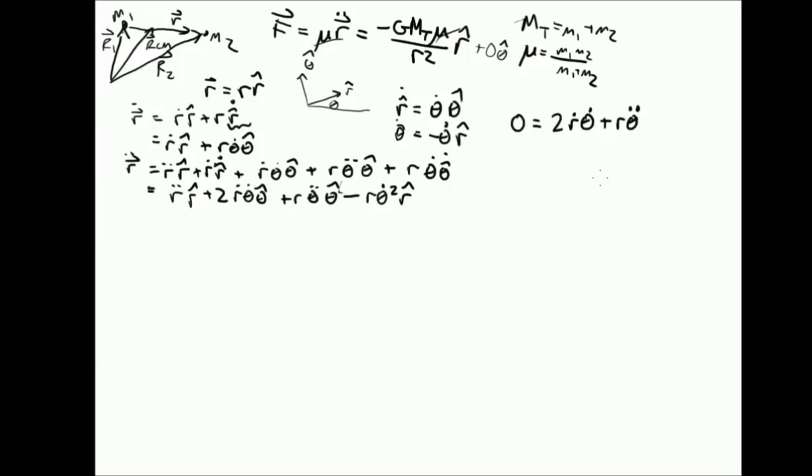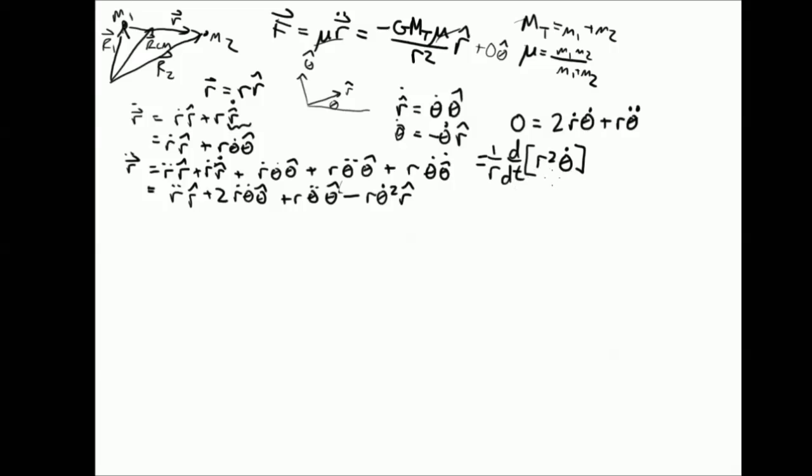And this is going to be roughly equal to 1 over r d by dt of r squared theta dot. If you product rule this out, you're just going to get this.